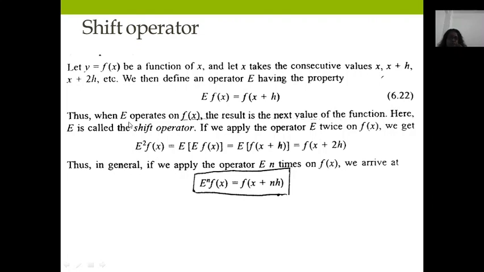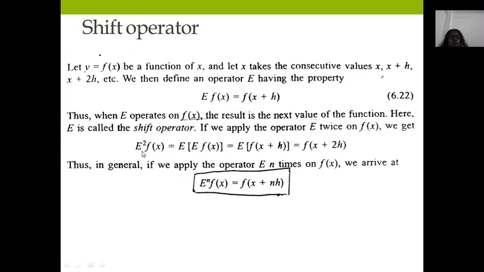So when E operates on f of x, the result is the next value of the function, which is why we call it a shift operator. If we apply it twice, it gives the value of the function two steps ahead. One time gives the next immediate value, one more time gives the second succeeding value, and if it operates n times, it gives the nth value, shifted n steps ahead.